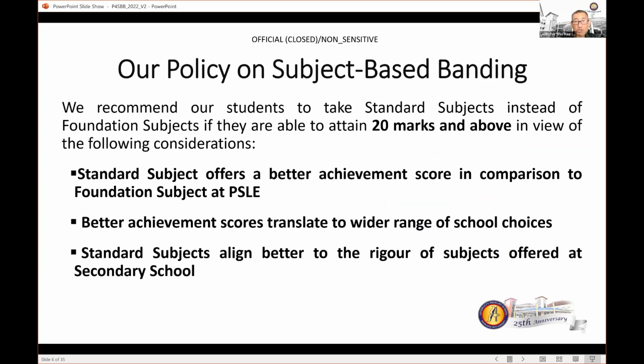So next we come to the school-level decision making. The line that we draw is actually at 20 marks. So we make the decision on whether the child is able to take standard subjects based on this mark cutoff of 20 marks, roughly.